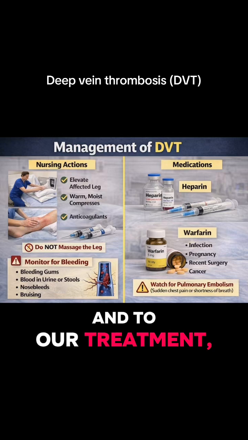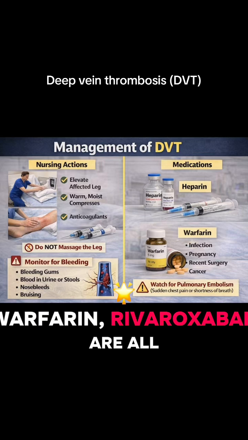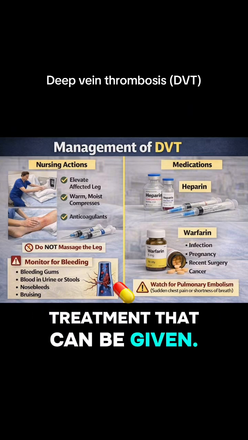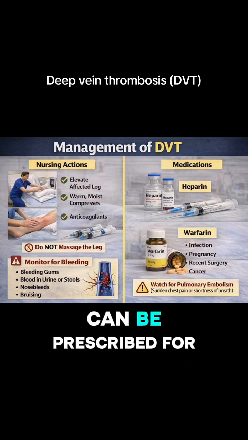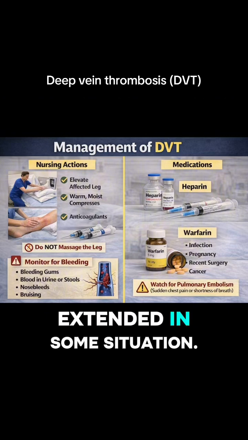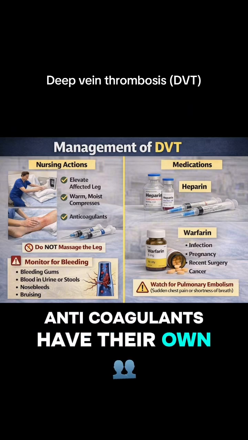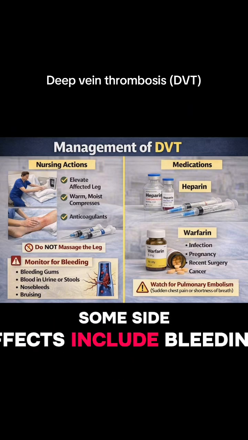And to our treatment, anticoagulants such as heparin, warfarin, and rivaroxaban are all treatments that can be given. Usually these medications are prescribed for at least 3 to 6 months, although it may be extended in some situations. Take note that these anticoagulants have their own side effects. Some side effects include bleeding.